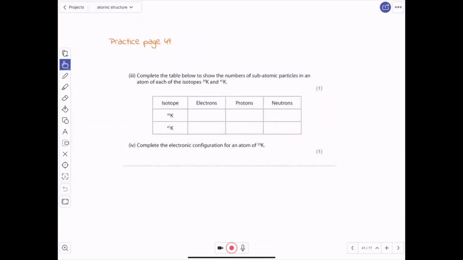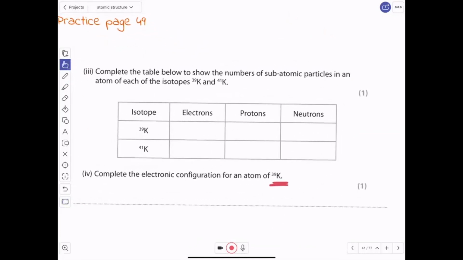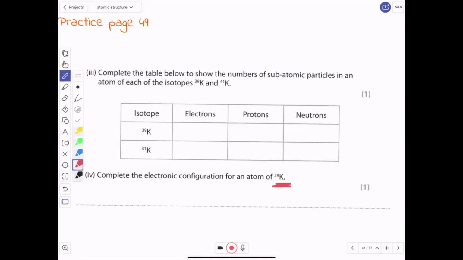They've said here complete electronic configuration of potassium K39. All right, so K39, atomic number is 19. Who's gonna do that first row here? Electrons? Electrons, 19. Yep, 19.